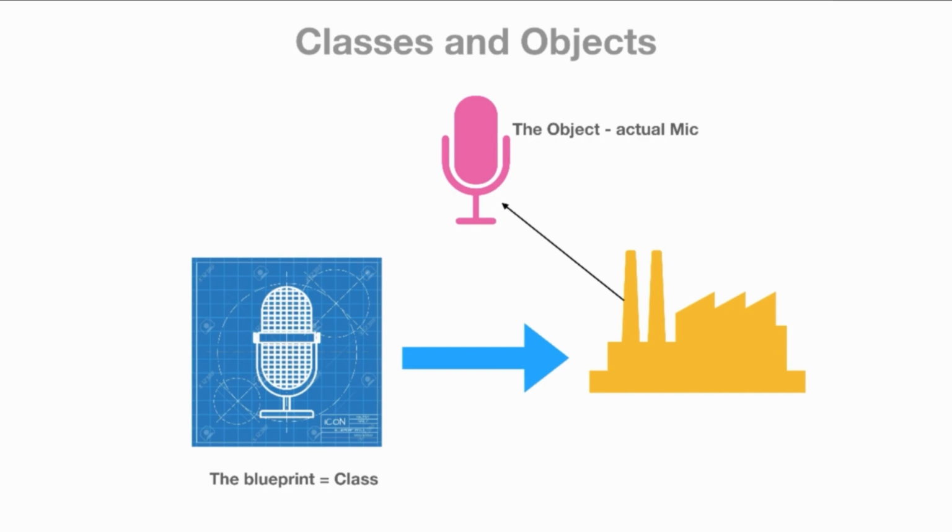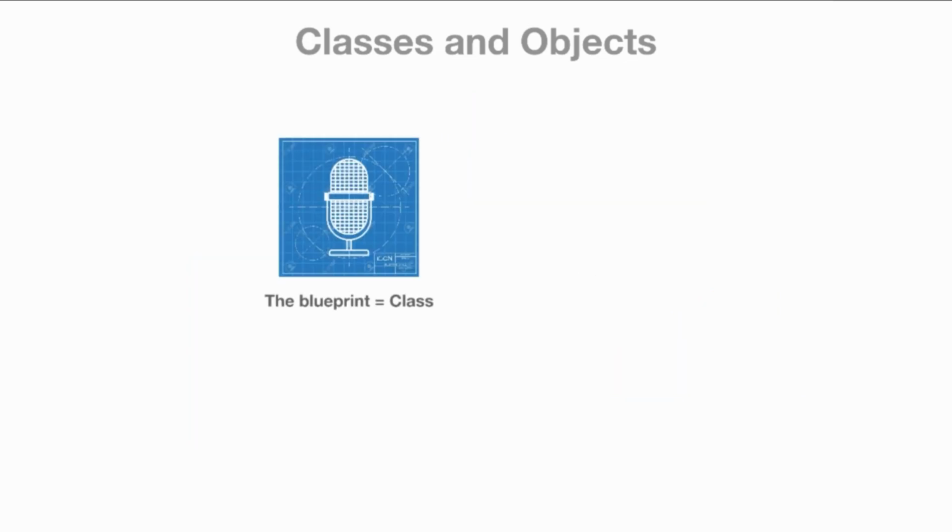To add to this analogy, look at how an architect puts together a blueprint of a house, and then with only one blueprint, he or she can make 100 copies and send them out to all the constructors around town or in the country, and they will build that house. So the blueprint is the class, and the house is the object, the actual thing, if you will. So we have the blueprint, the class, and then we have the actual object. That's it. That's the simplicity of things.